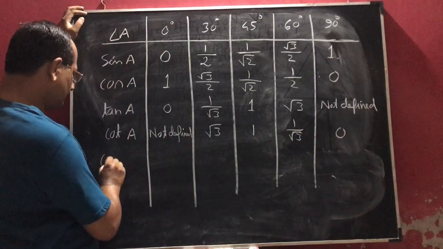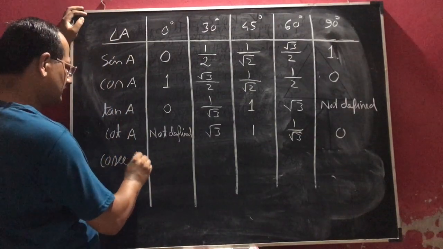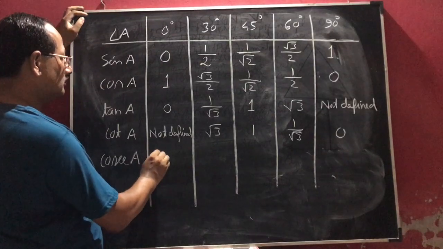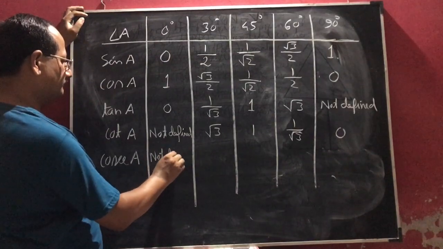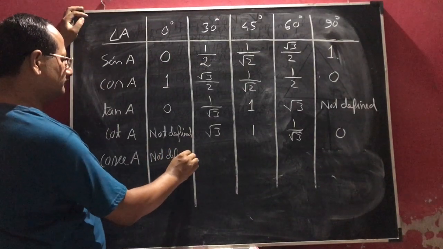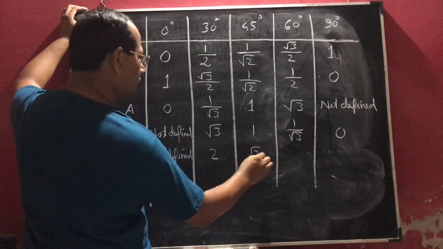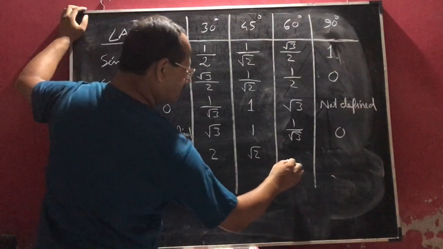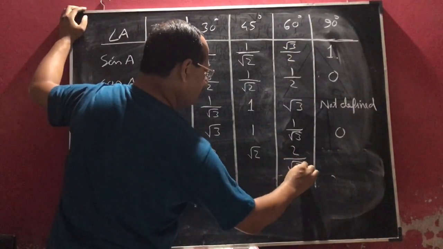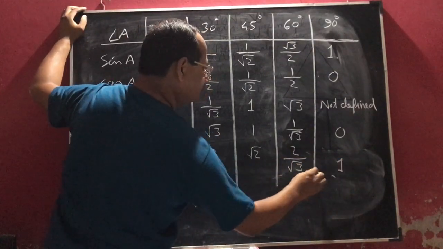And cosec A. Cosec 0 degree is not defined, cosec 30 is 2, cosec 45 is root 2, cosec 60 is 2 by root 3, cosec 90 is 1.